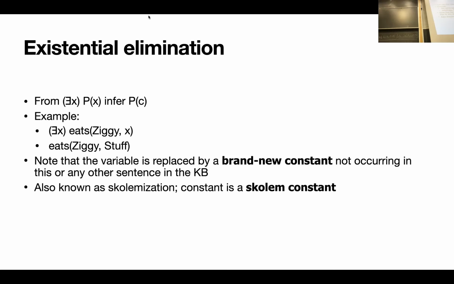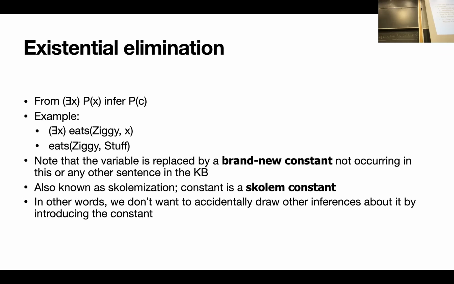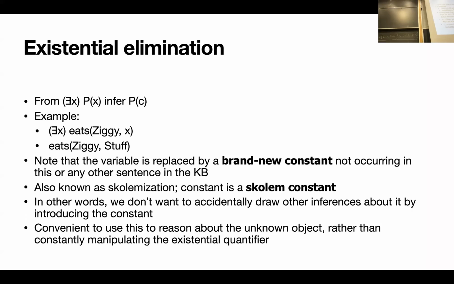Later on, we can prove that stuff was actually ice cream, for example, that we saw earlier. But for now, we don't know what stuff is. It's some kind of constant.